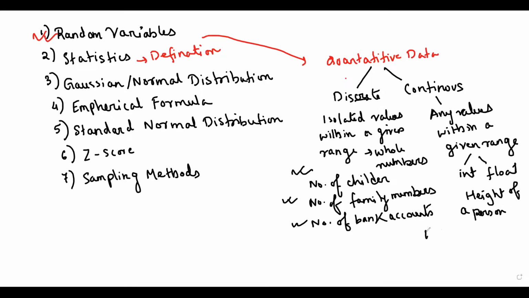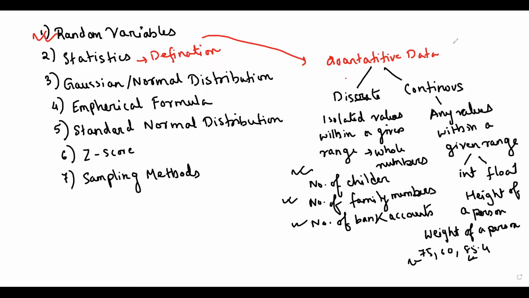One more example can be the weight of a person. This is also an example of continuous random variables. Now weight can be 75 kilos, can be 60 kilos, can be 85.4 kilos, right? It can be integers, it can be float. So these are examples of continuous random variables.